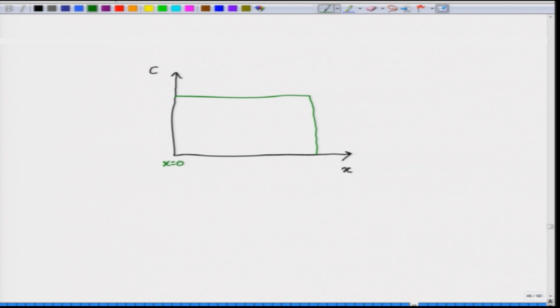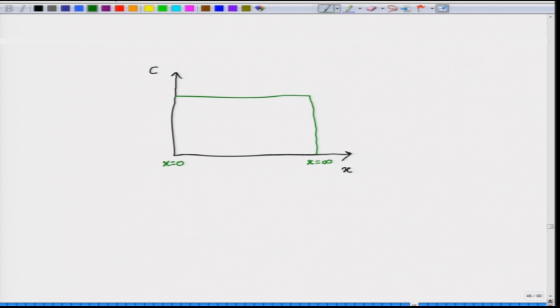So, if we try to plot C versus X based on the solution that we have seen, and this is our block of A. Originally this is x equal to 0, and we call the other end as x equal to infinity.